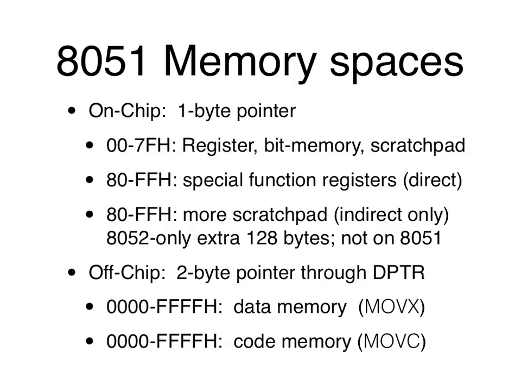Then you will get to the data part, and that's good for storing things, in particular for a stack. But if you're using direct addressing, that is, if the address is hard-coded as part of your instruction, rather than going through a pointer register, then that's direct addressing, and you will get to the special function register.